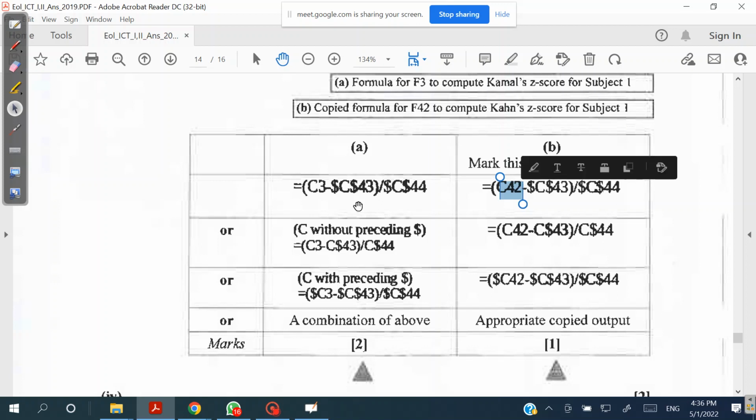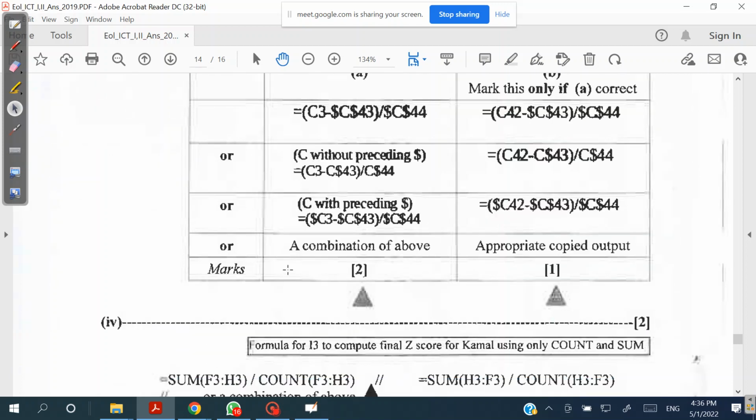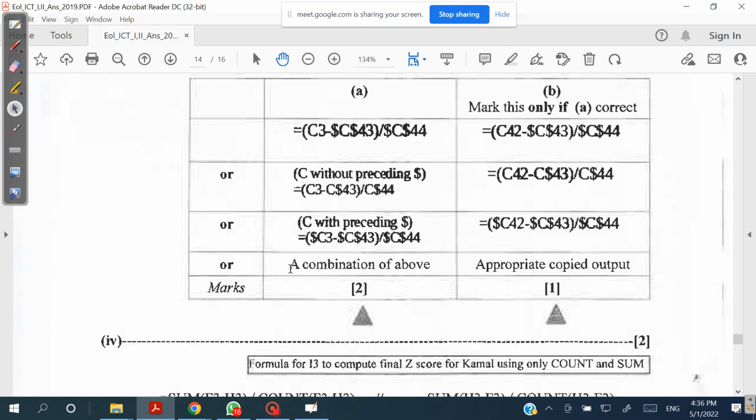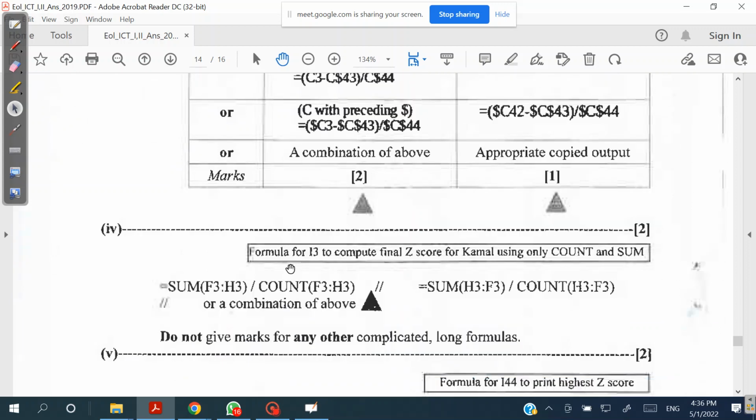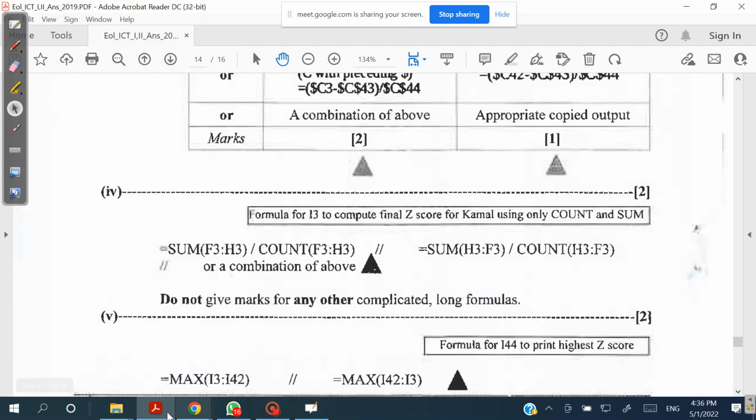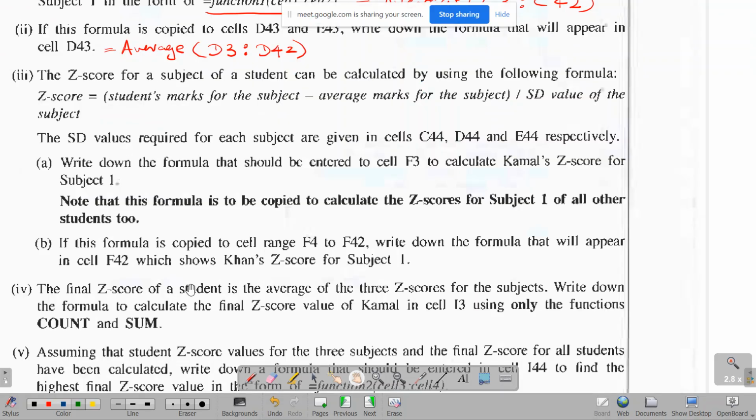Right, so 2 marks for the part A, 1 mark for the part B. All right. So moving to the fourth part, the question that they are asking is, the final Z score of the student is the average of 3 Z scores for the subject.